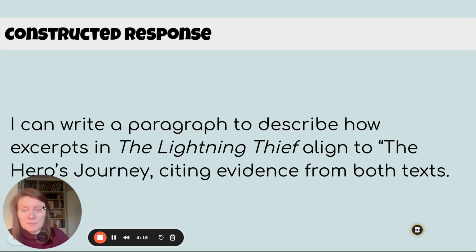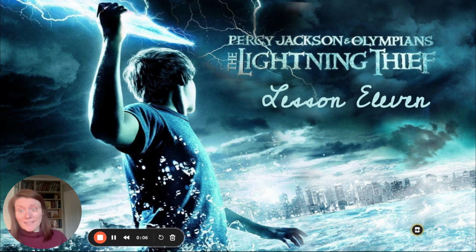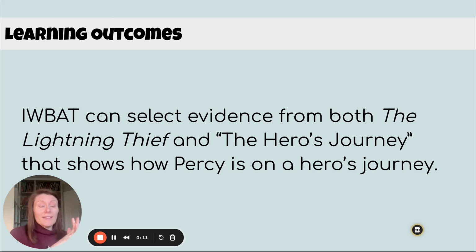Our last lesson then for this week on Percy Jackson, and we are going to be looking again back to the hero's journey. So you can see the way this one is tracking right across and linking the 2 texts, linking Percy Jackson and the Lightning Thief, and looking at where Percy is on this hero's journey.